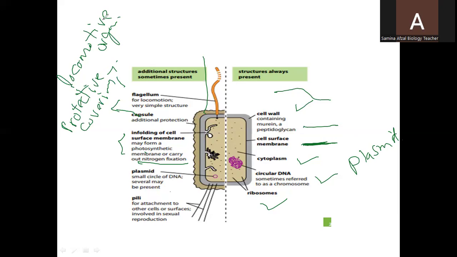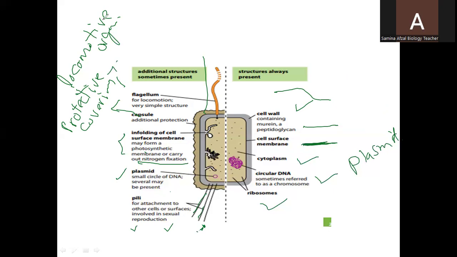Plasmids, small circles of DNA, several may be present. So plasmids are present in all, but the plasmids can be very small. Then pili, for attachment to other cells or surfaces, involved in sexual reproduction. So pili are the structures with which they can attach themselves to some surfaces.